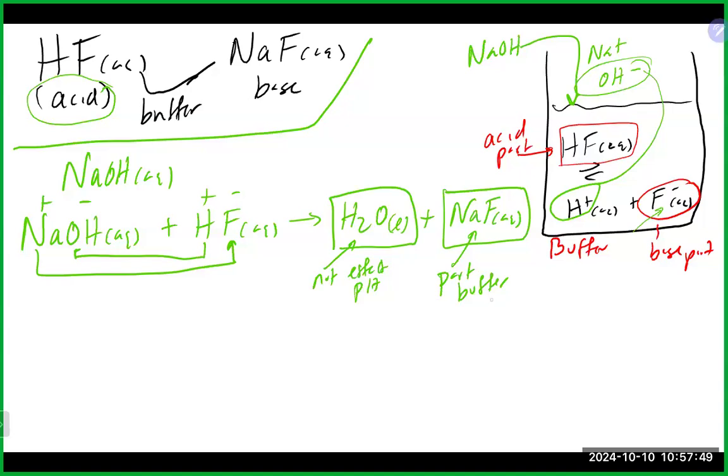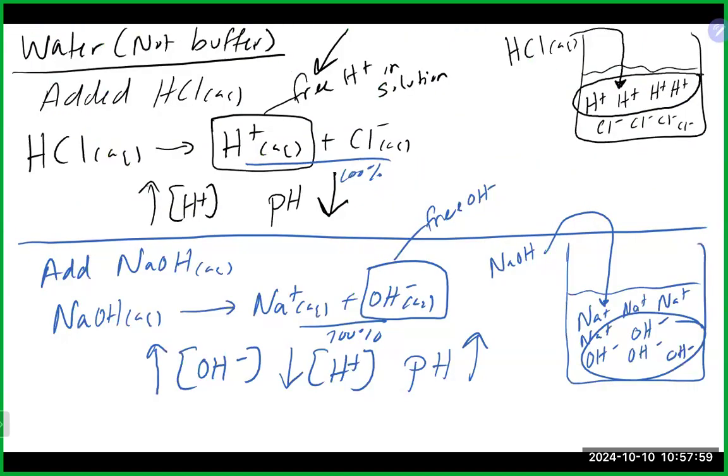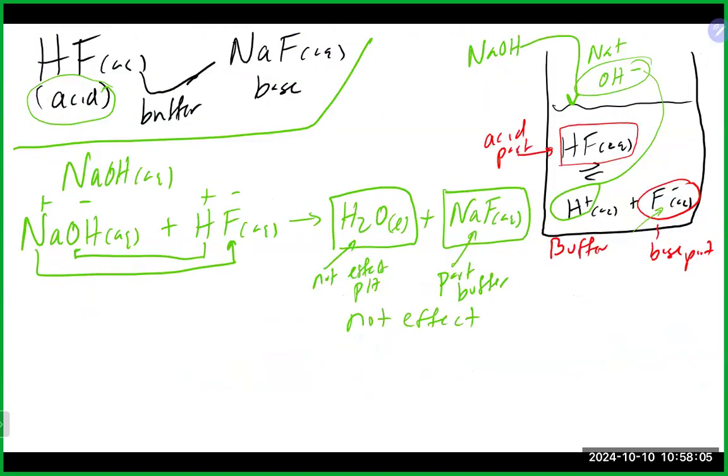And this situation here will not affect the pH because of, again, what we do not see in this case, which is what we saw when we added it to water, the base, a lot of free OH minus. In this particular case, our OH minus is no longer free. It gets tied up here in the water. So we do not have that big influx of OH minus.